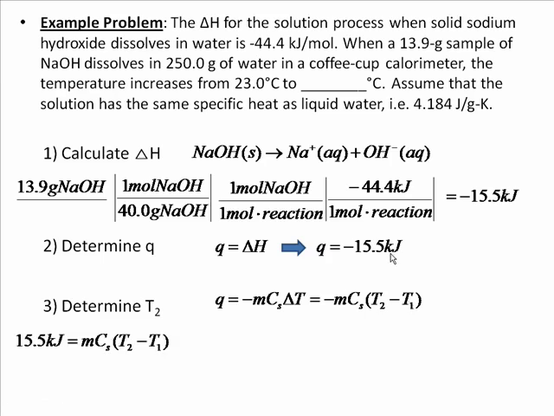So then we'll put in this value, 15.5 kilojoules, right there for Q. But actually, since this has a negative sign and this has a negative sign, I've canceled out the negative signs on each side as I've gone to here. Then from there, just algebraically rearrange that and solve for T2. Then plug in the numbers.